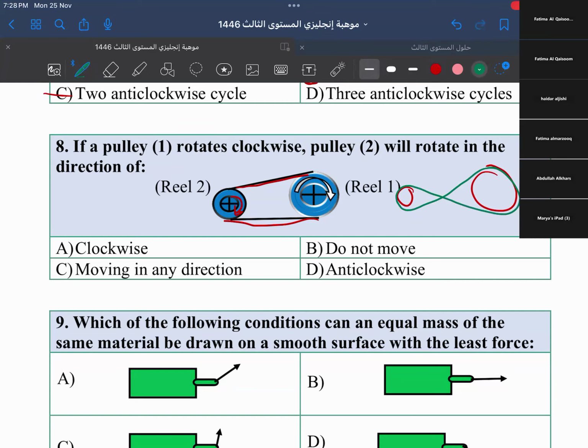In this case, when the big one goes clockwise, the other one will go counterclockwise. So if it's not crossing, it's going in the same direction. If it's crossing, it's going opposite. So here, the answer would be clockwise because it's not crossing.